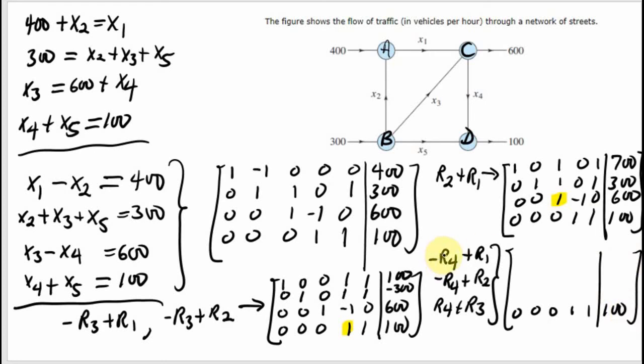So negative row 4 plus row 1. So this is 1, 0, 0. That becomes a 0. And, oh, where was I? That becomes a 0.